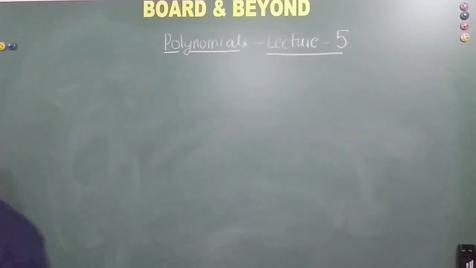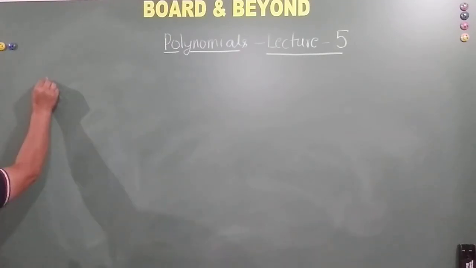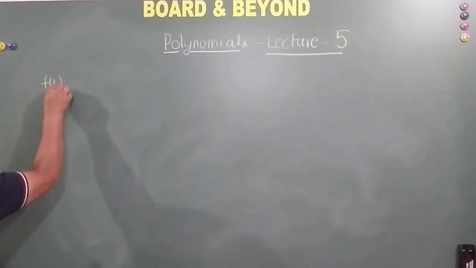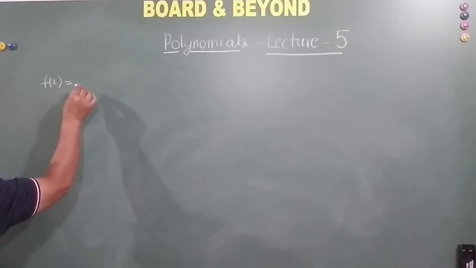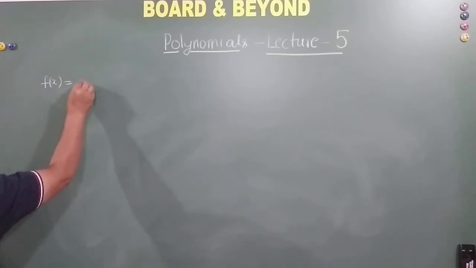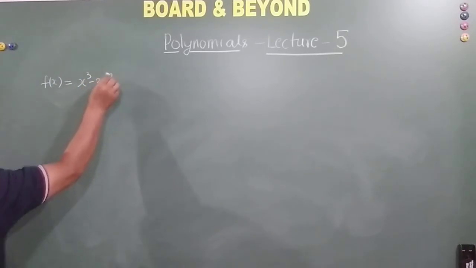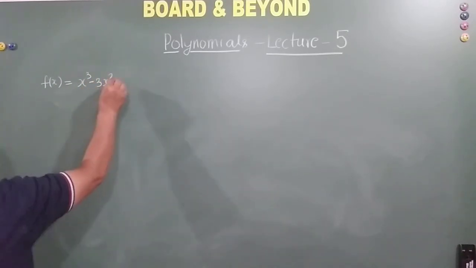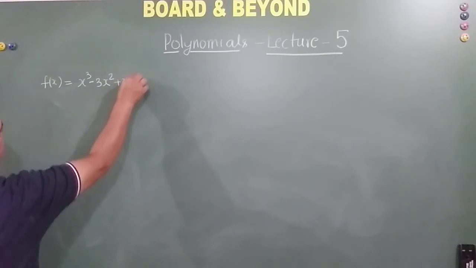So next says that if the zeros of a polynomial, let us say the polynomial is equal to x cube minus 3x square plus x plus 1.